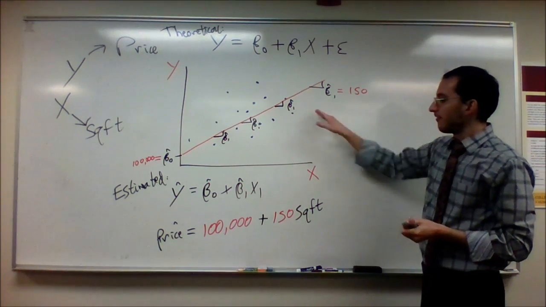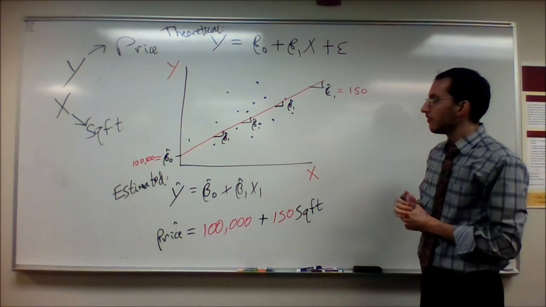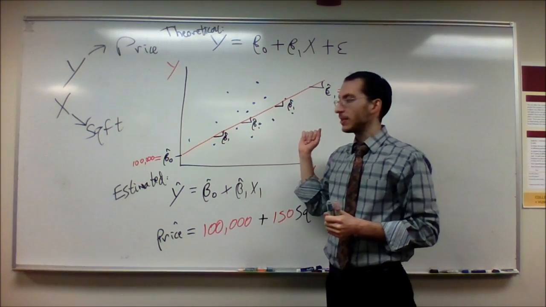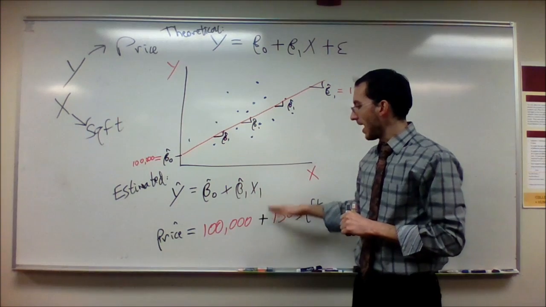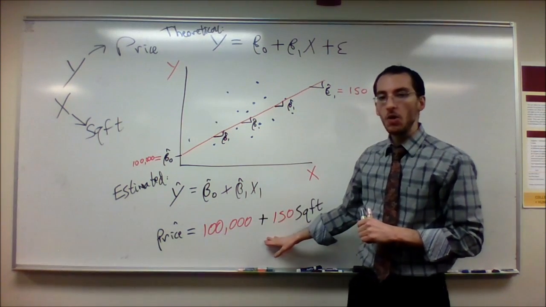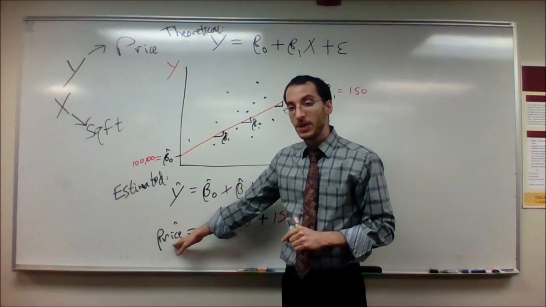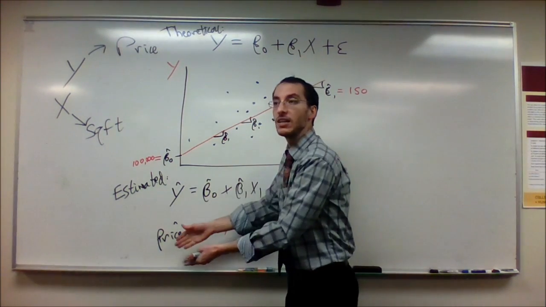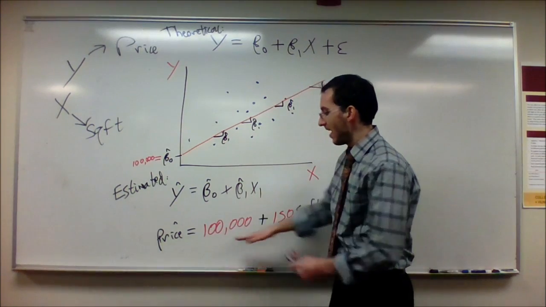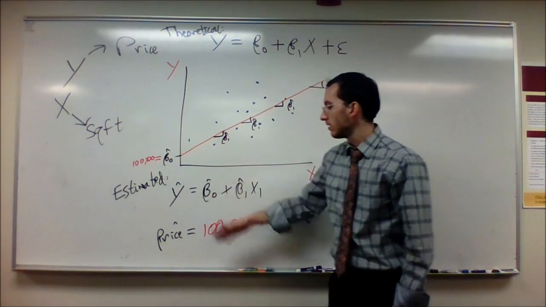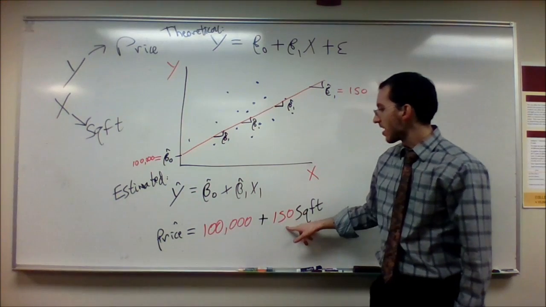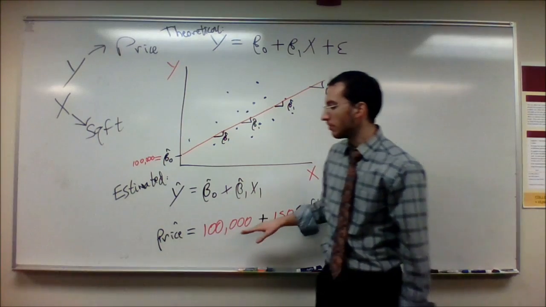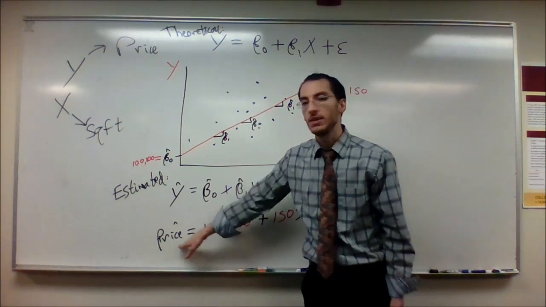This is a made-up data example of how I get a line that I fit with our regression in R, and then how I write it down below. I have my response variable with a little hat on it, again, because I'm predicting it, I'm estimating it with a model. I have my intercept for my line, my y-intercept, and then I have a slope that describes the relationship between square feet and price.